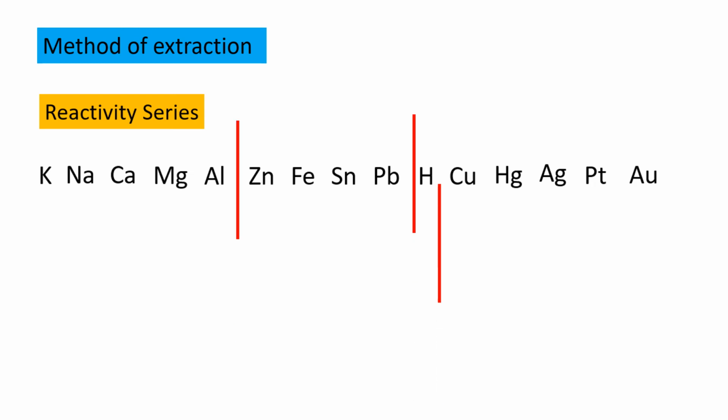So we can split it into 4 parts. We exclude hydrogen from the equation because hydrogen is not a metal. The first part is the hyperreactive metals, which means they're very, very reactive. So we use electrolysis to extract the metal, in the sense that, you know how electrolysis of water is conducted, where you separate the hydrogen and the oxygen from the water molecules via electrolysis.